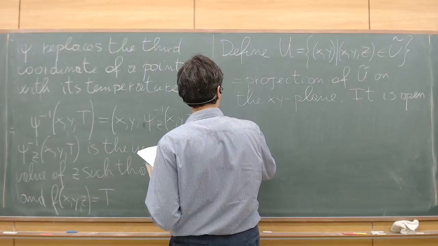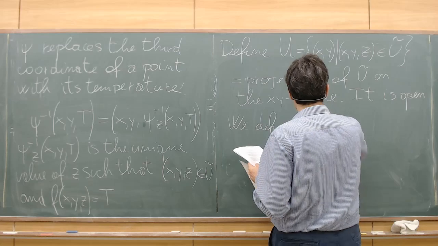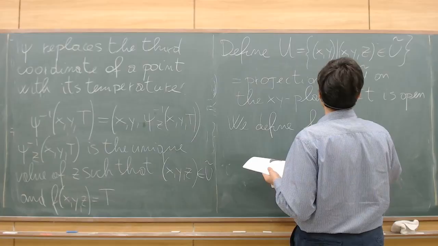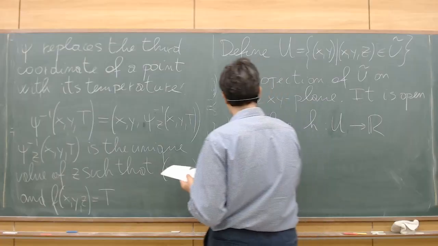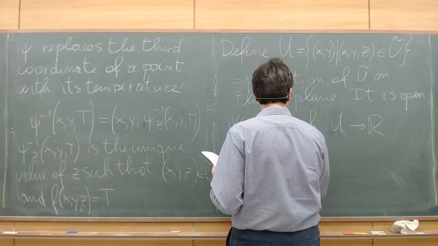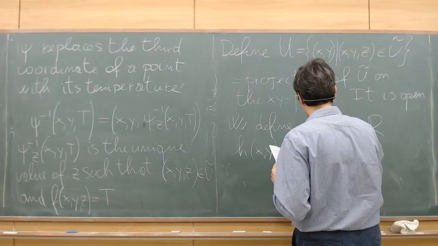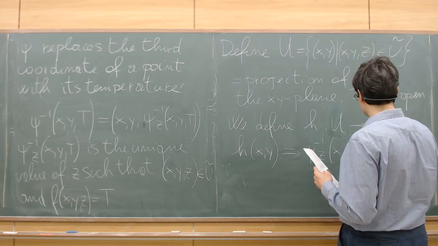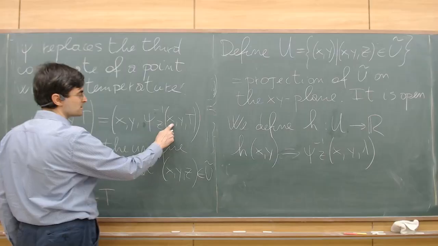And we define H from U to R as the function which associates to the point of coordinates x, y the value psi inverse z of x, y, lambda. That is this function here evaluated at x, y, lambda.